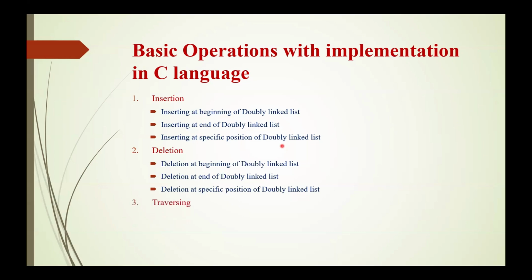Traversing means we are visiting each and every node of the linked list from start to end. Searching means we are searching for an element in the linked list to see whether it is present or not. So these are the basic operations of the double linked list which we are going to implement in the C language.